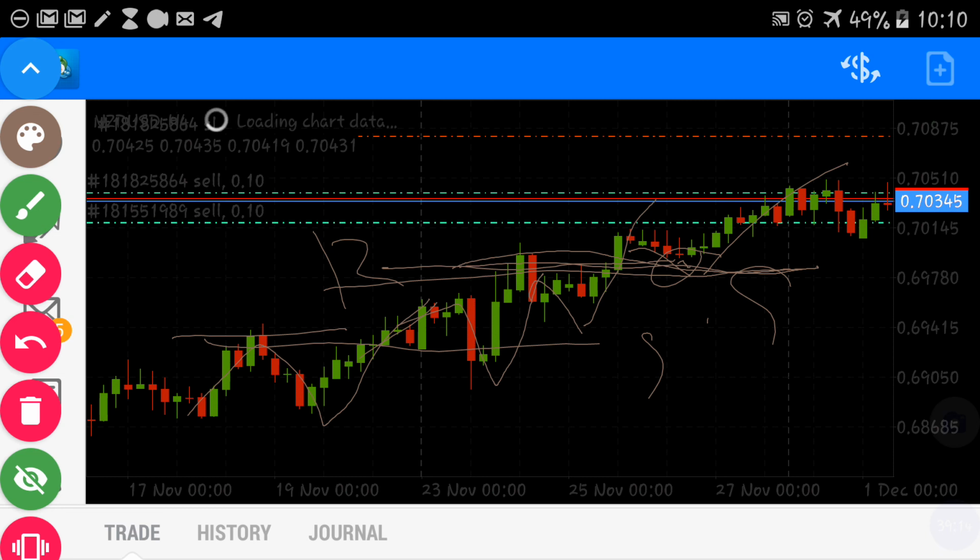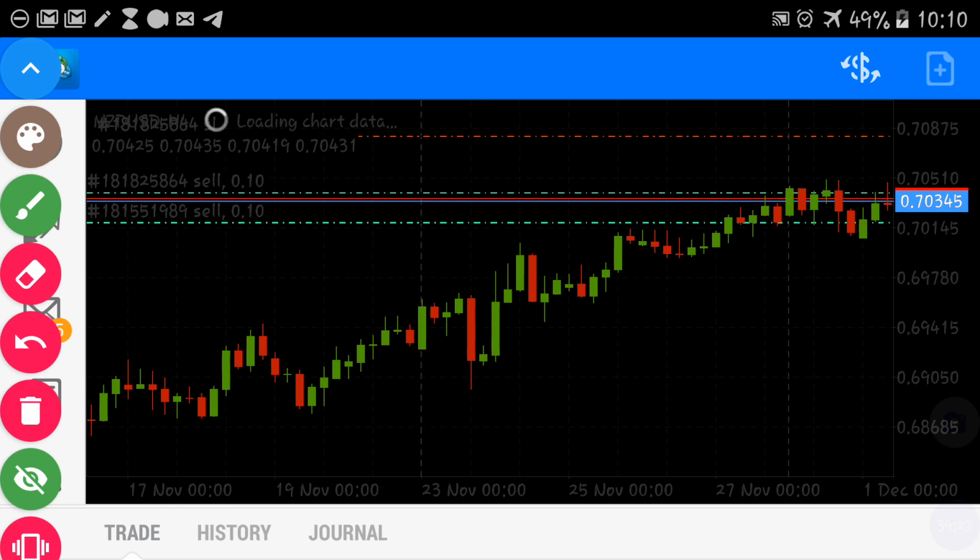These are mini support and resistance in the market. Mini support and resistance. This is an uptrend, as we all know. Okay, so let's look for a downtrend.